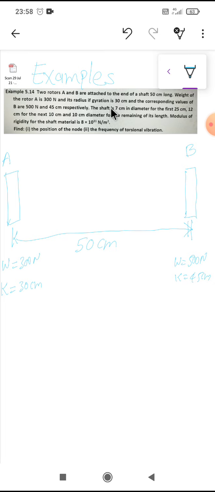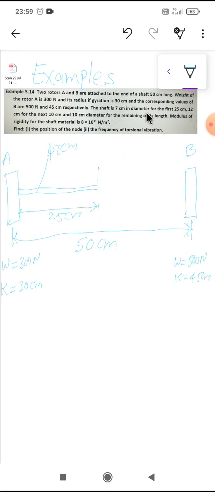The shaft is 7 centimeter diameter for the first 25 centimeter. So suppose this is the 25 centimeter; up to the first 25 centimeter the diameter of the shaft is 7 centimeter.